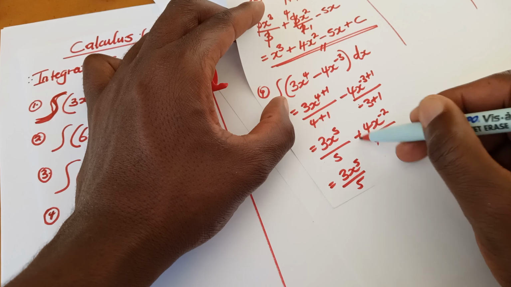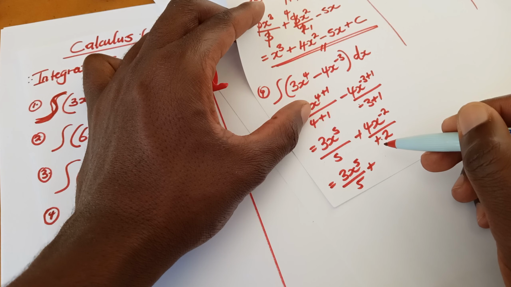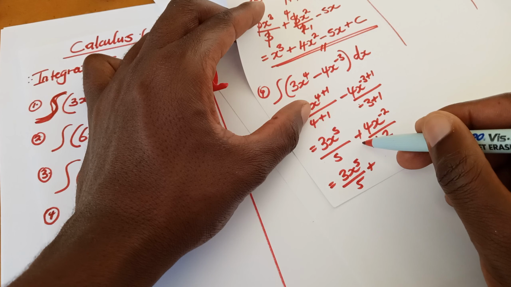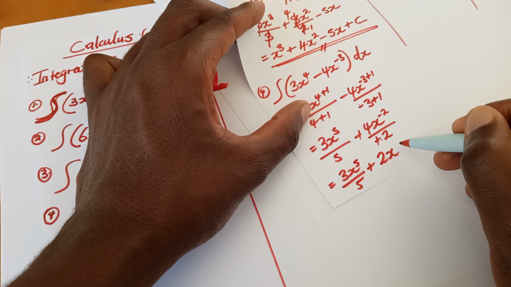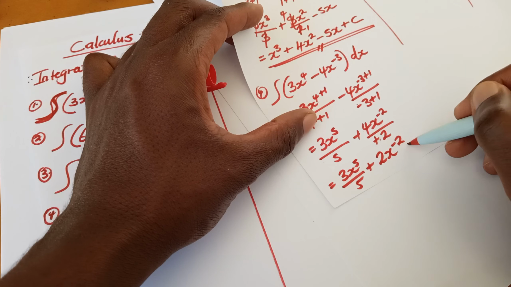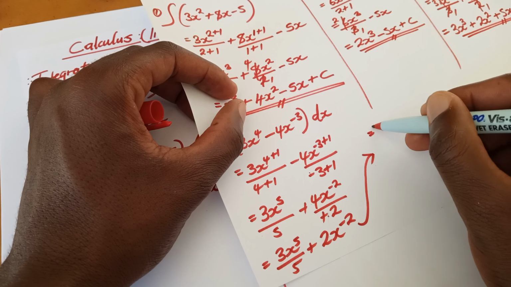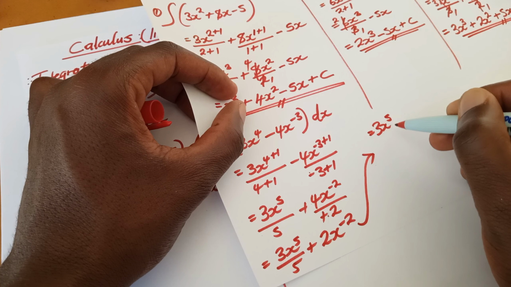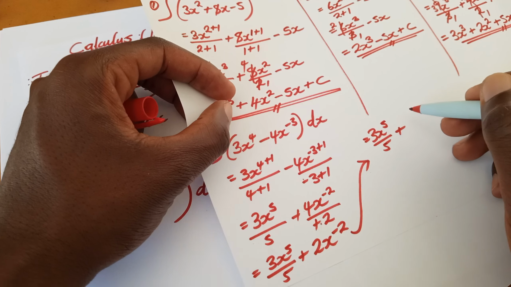Negative into negative is positive, you've seen that? So 2 into 4 is 2, so 2x to the power of negative 2.